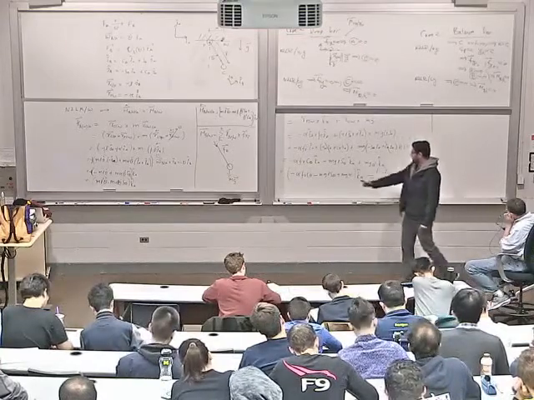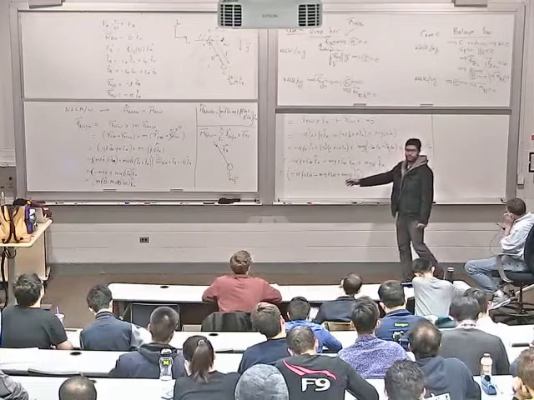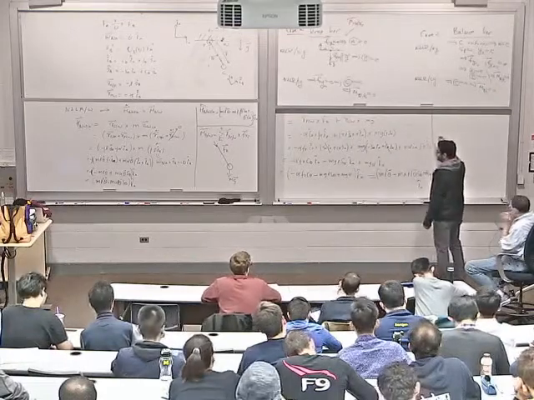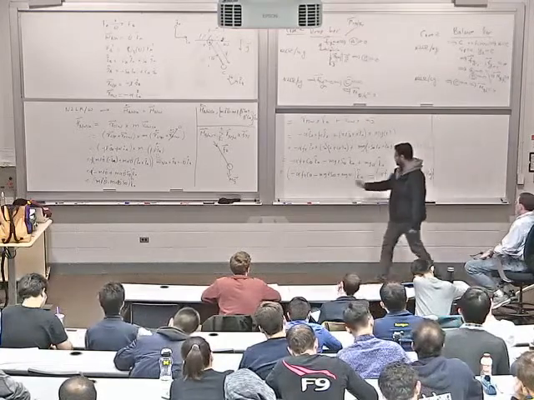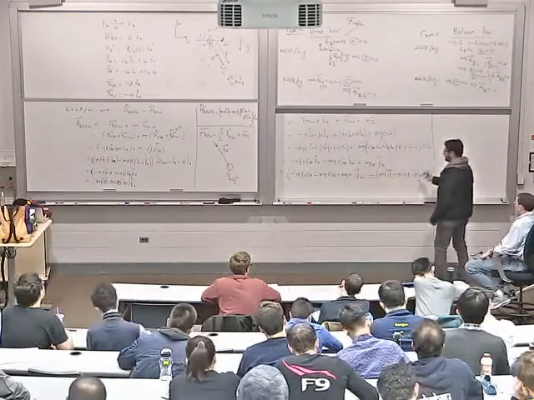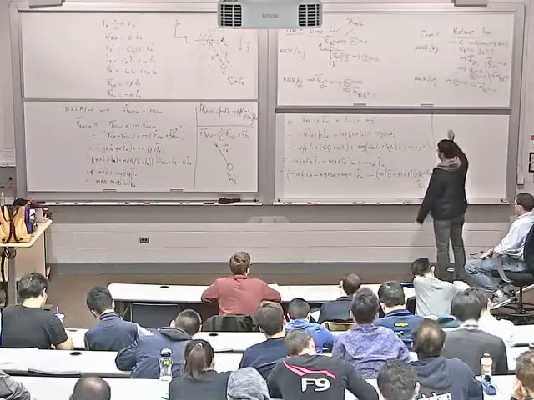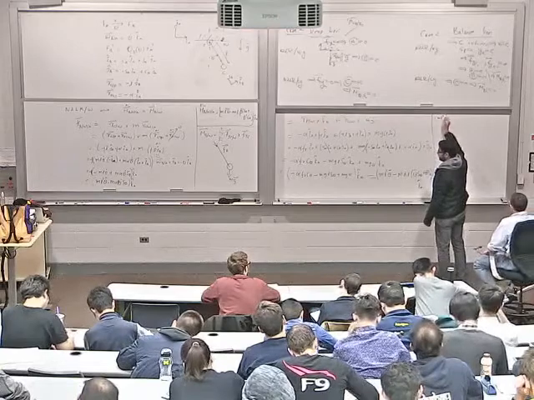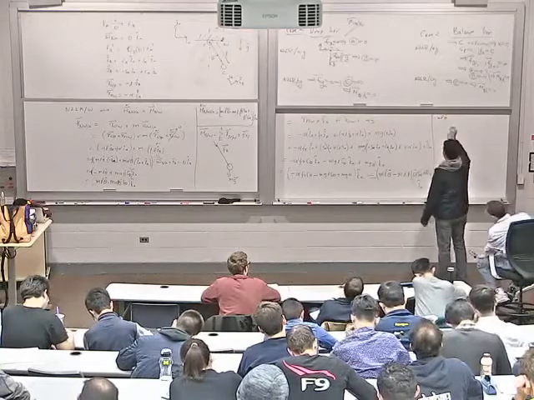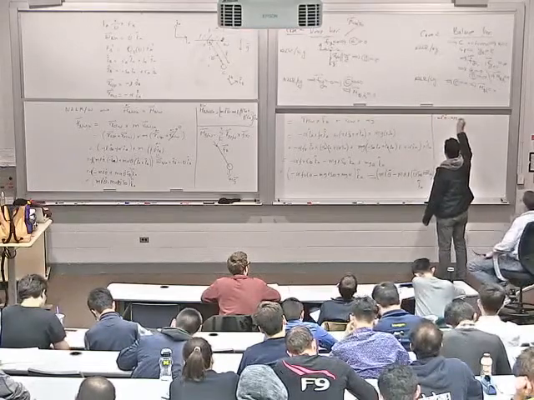So you can collect the alpha terms and the rest of the terms. So what are the alpha terms? I'll keep everything without alpha on the left side and everything with alpha on the right side. So on the left side I get minus ML squared theta double dot, and I have a minus MGL sine theta.